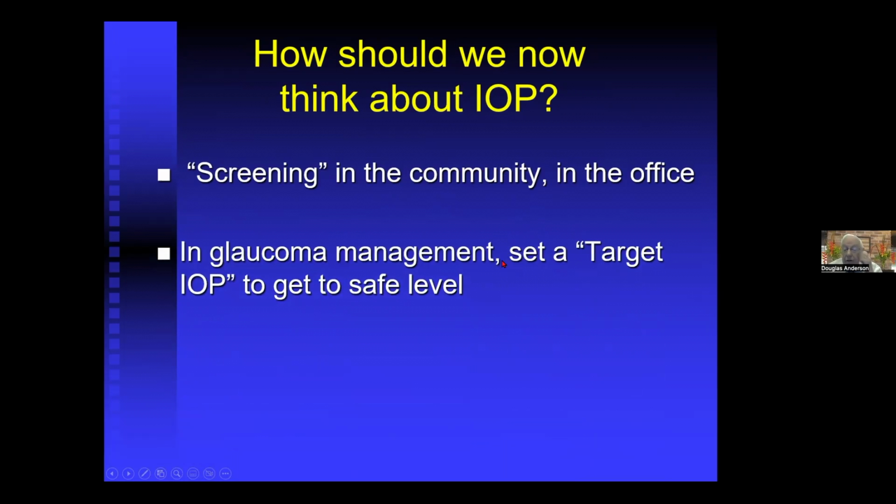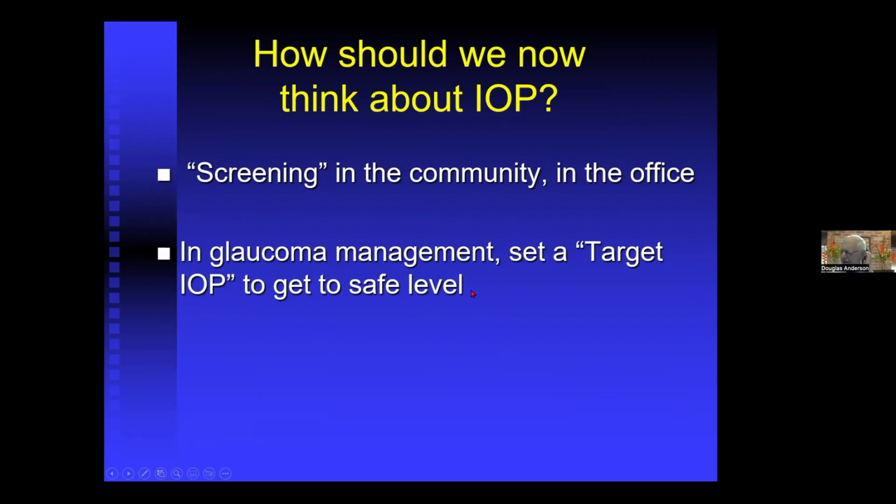Nowadays, however, we don't really believe that the pressure is the real key. With reference to management, we understand that glaucoma is identified by other things besides the pressure. And once we have done that, we look at what the pressure is and we set a target pressure, something that Paul Palmberg has strongly advocated, in order to get it to a safe level.